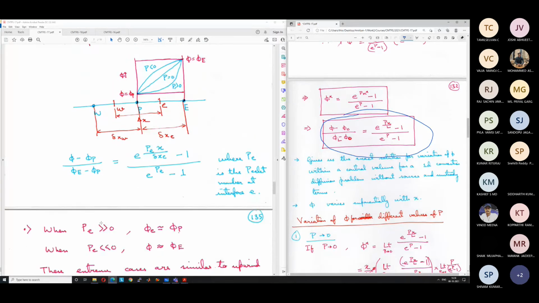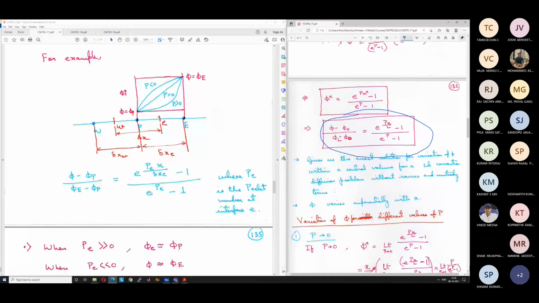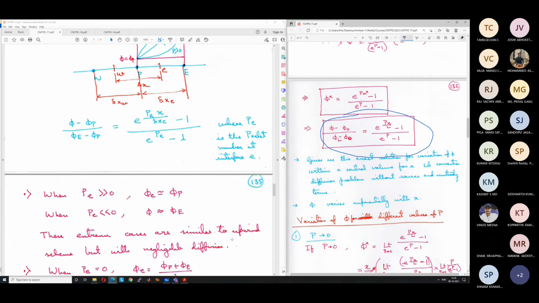So if Peclet number is much greater than 0, you can replace. You will find that phi is equal to phi p. Means the east interface value is equal to phi p, and if Peclet number is much less than 0, the phi here is equal to phi e. Okay, which we have discussed multiple times now. So these extreme cases are similar to upwind scheme, but with negligible diffusion.